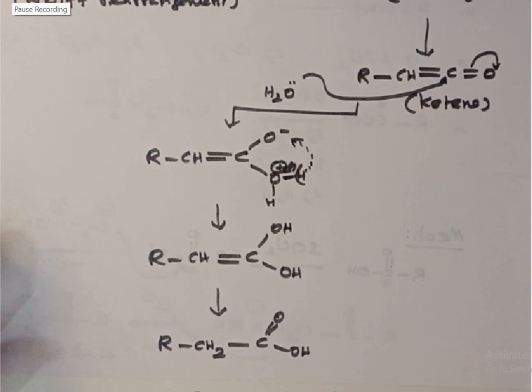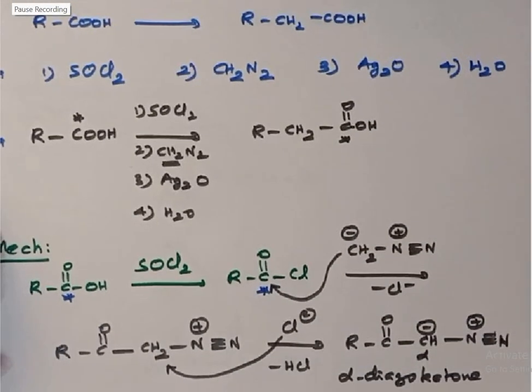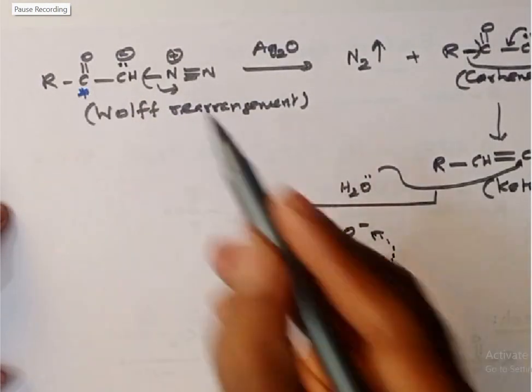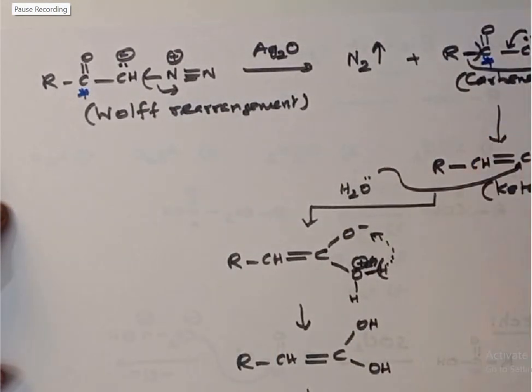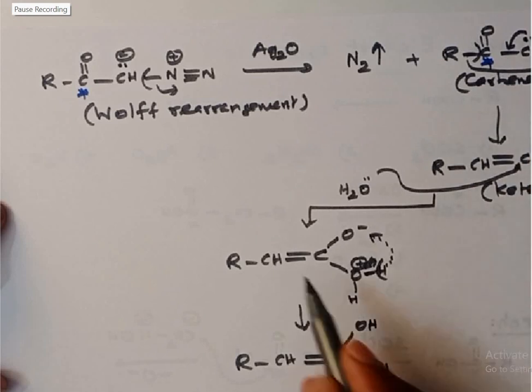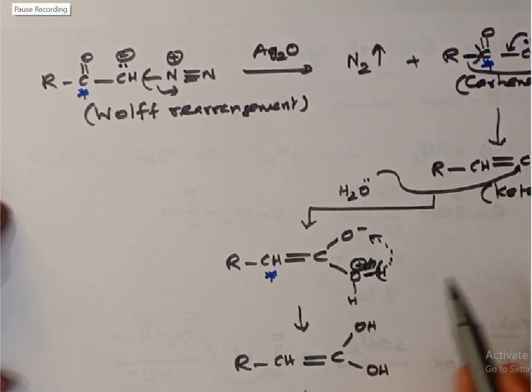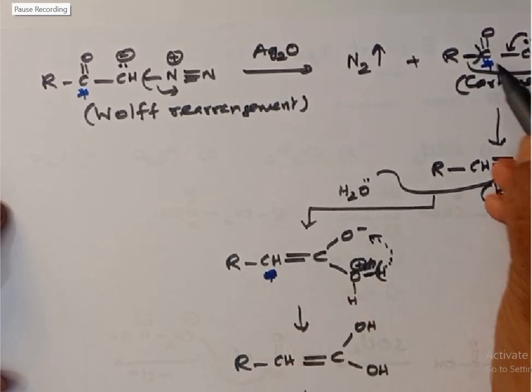If you observe the isotopically labeled carbon, let me write that. This carbonyl carbon is the isotopically labeled carbon. I'll keep the isotopically labeled carbon as such. Wherever carbonyl is there, I'll put the isotopic carbon. I'm sorry, here the CO group goes here.